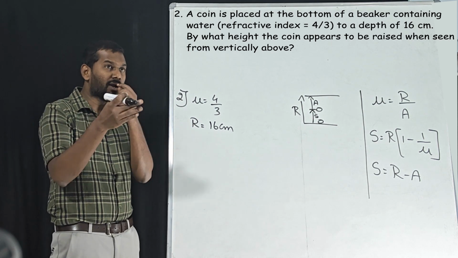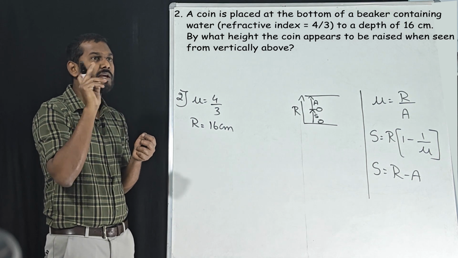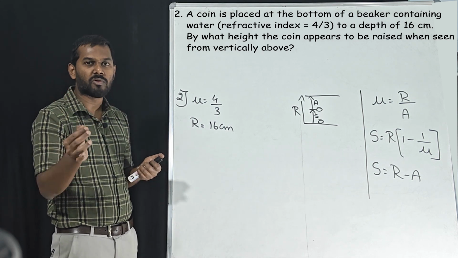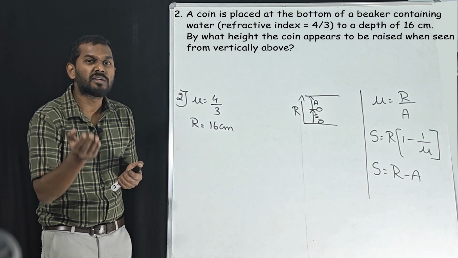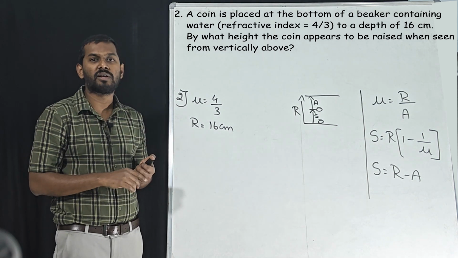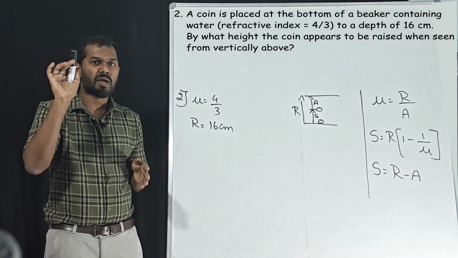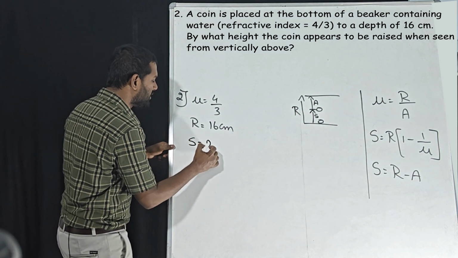Then, by what height does the coin appear to be raised when seen from vertically above? Many students will get confused here, whether they have to find apparent depth or shift. When they use "appears to be raised", then definitely they are talking about shift. So we have to find shift.